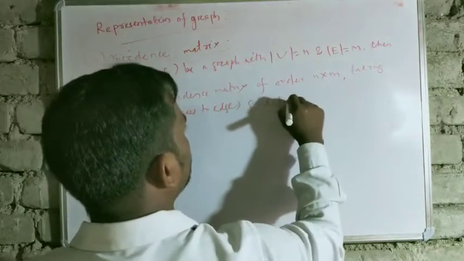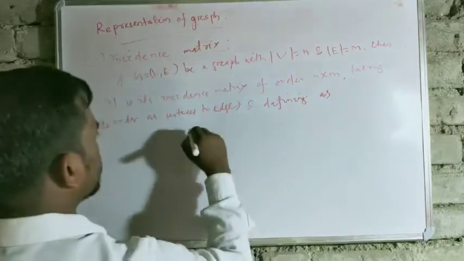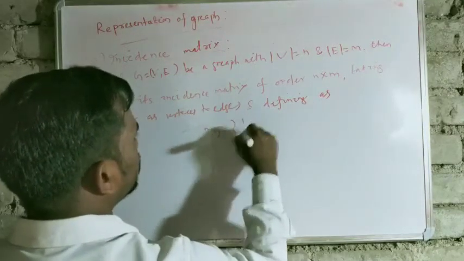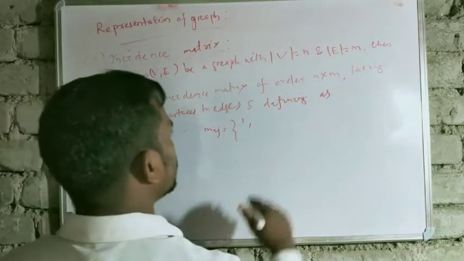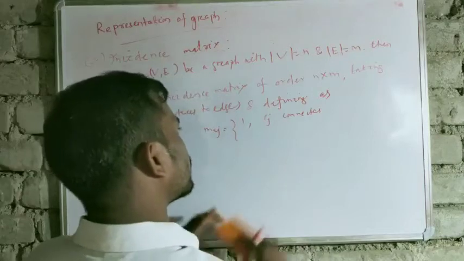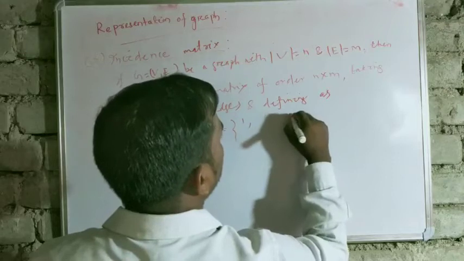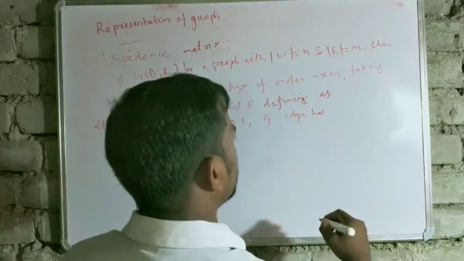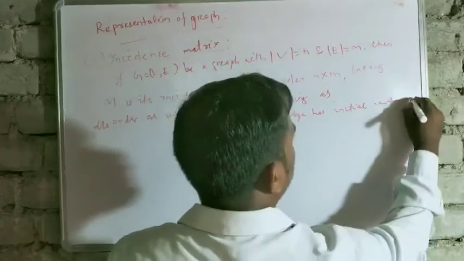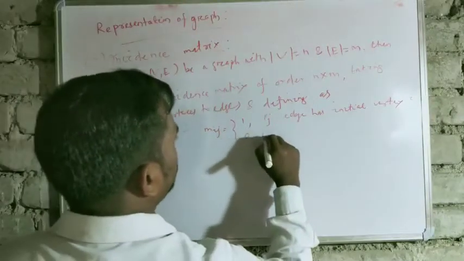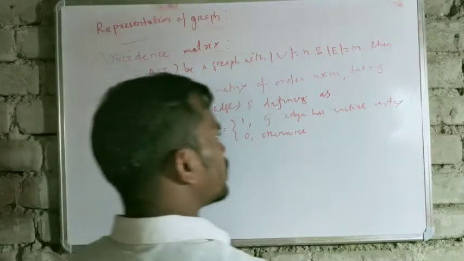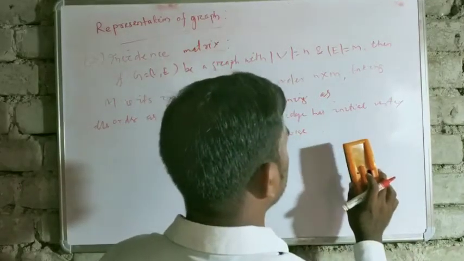Defining it as small m_ij, that means the ij-th entry of this matrix M. This is equal to 1 if Ej has initial vertex i, and this is 0 otherwise.